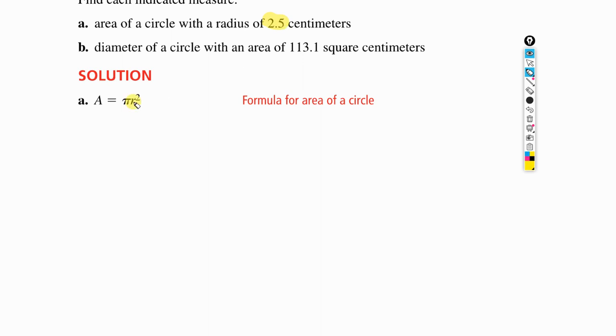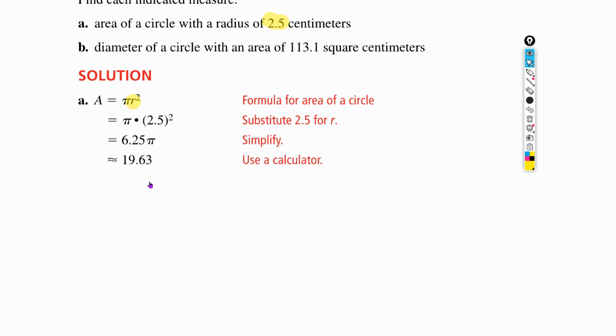So it's going to be pi times 2.5 squared. 2.5 squared is 6.25, so you could leave it like this. This would be an exact answer, 6.25 pi. Or you can use the calculator and you would get 19.63.